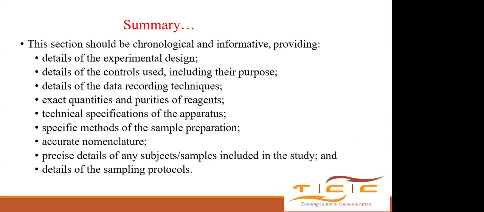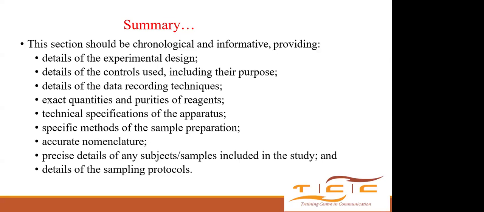But this section should be chronological and informative, providing details of the experimental design, details of the controls used, including their purpose, details of the data recording techniques, exact quantities and purities of reagents. Sometimes in chemistry, the purity of the reagent could influence the results.